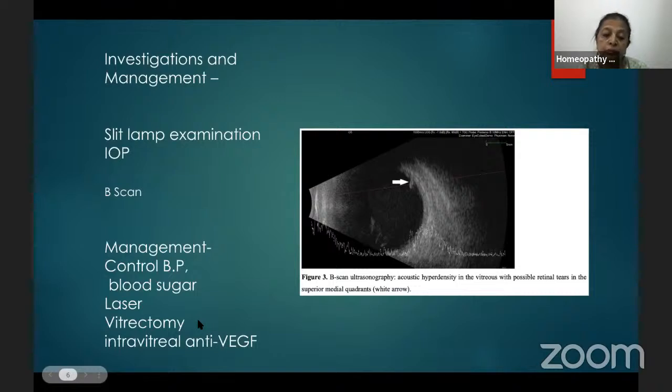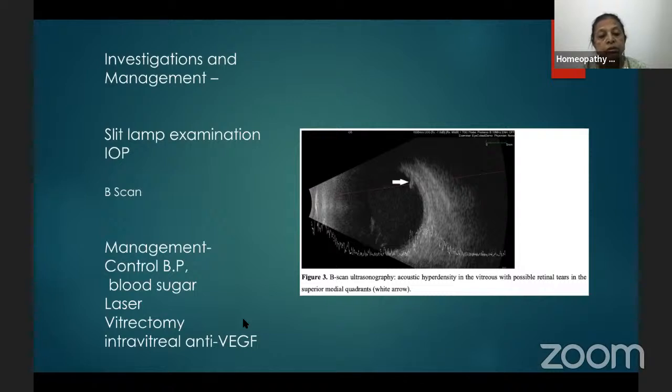If vitreous hemorrhage remains for a longer time, it can lead to organized blood in that area. There is fibrous tissue formation, leading to retinal detachment. Many times we can give intravitreal anti-VEGF also, but many times it happens that even with injection it doesn't get cleared.